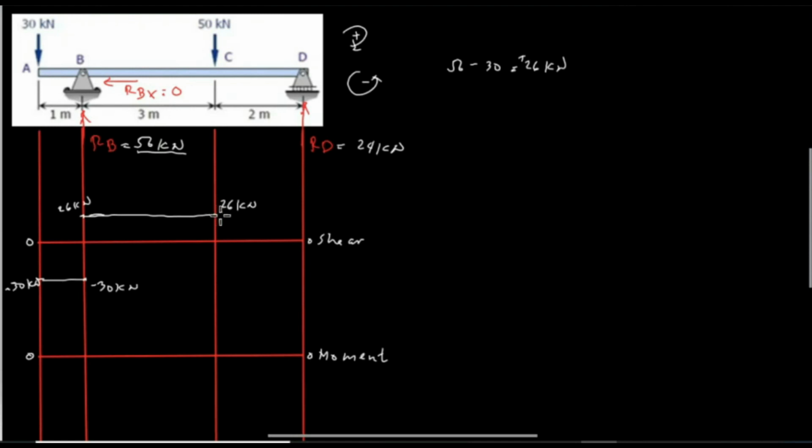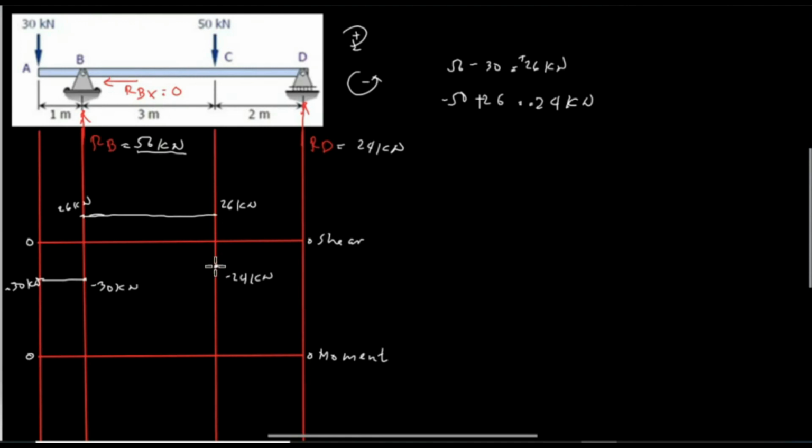Then going downward, 26 minus 50 is equal to negative 24 kilonewton. So from 26 going downward, this is negative 50 plus 26, and the value is negative 24 kilonewton, and this is the point, which is negative 24 kilonewton.